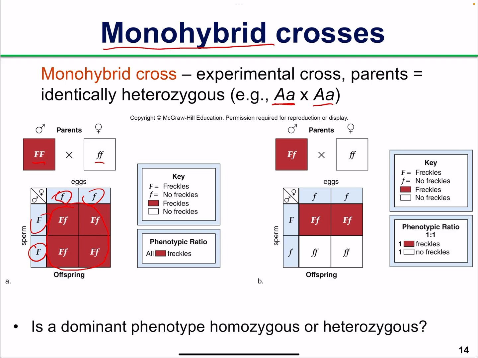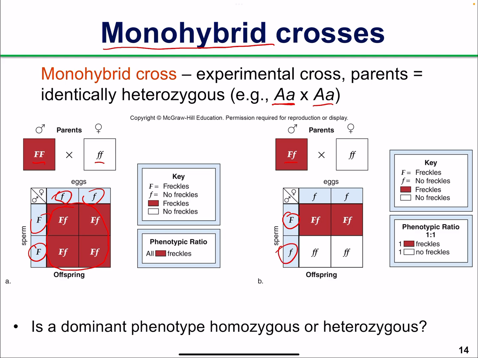Now, what if the parent with freckles is actually heterozygous? So dad would be heterozygous. In that case, dad is going to produce two kinds of sperm cells, with capital F and with lowercase f.